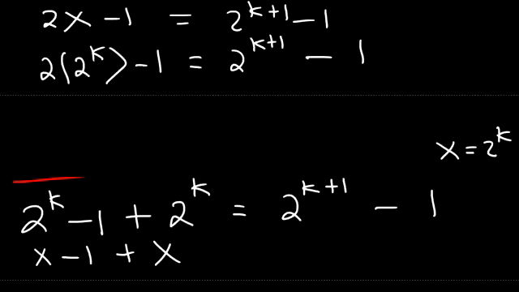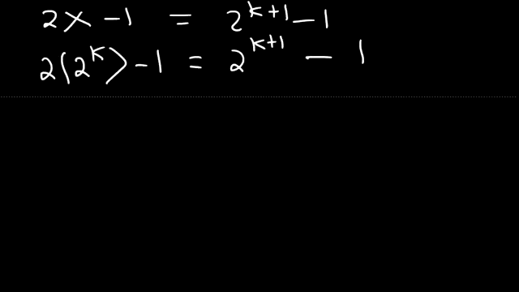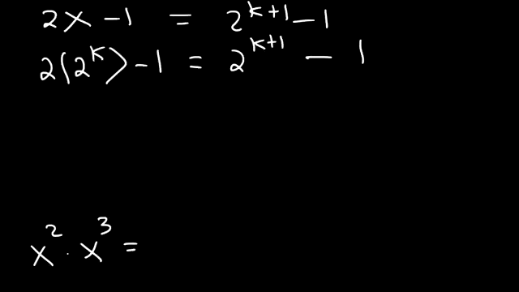Now let's focus on properties of exponents. So let's say we have x squared times x cubed. When you multiply by a common base, you can add the exponents. X squared times x cubed is x to the fifth.